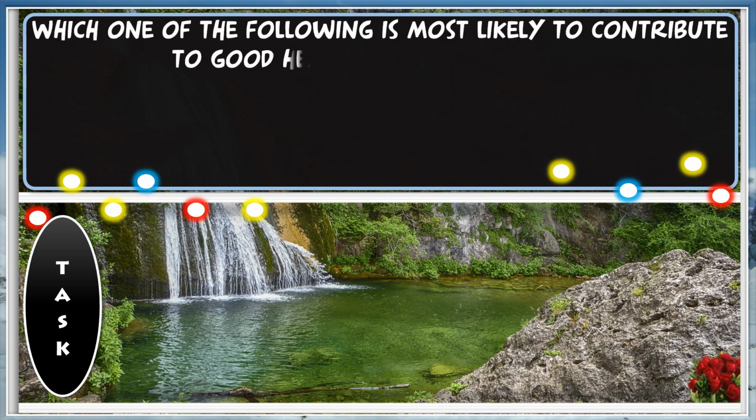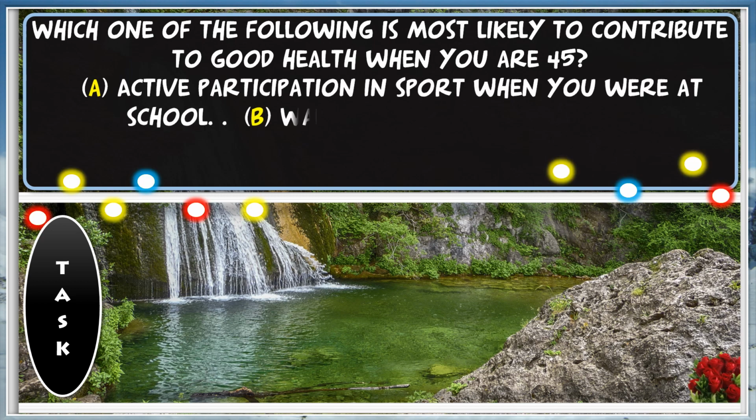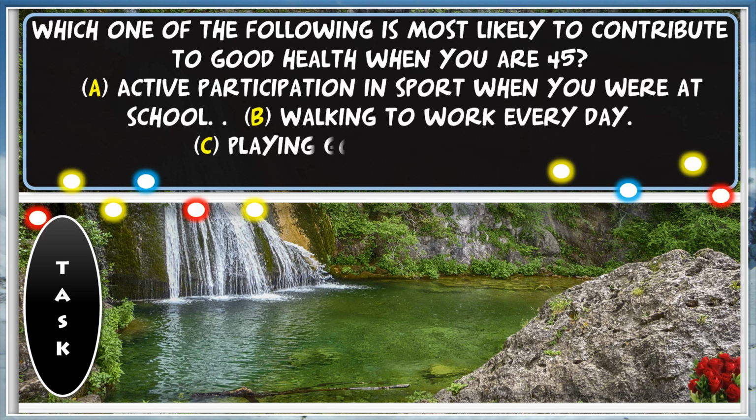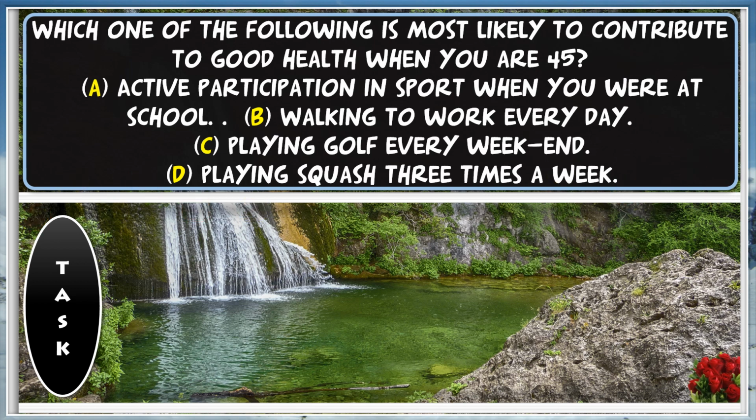Which one of the following is most likely to contribute to good health when you are 45? A. Active participation in sport when you were at school. B. Walking to work every day. C. Playing golf every weekend.